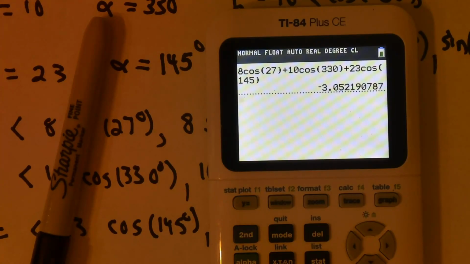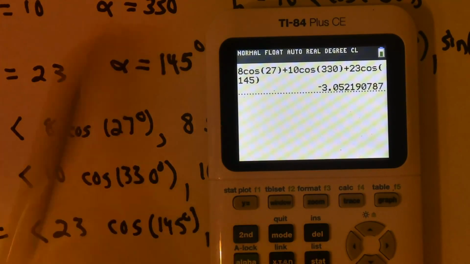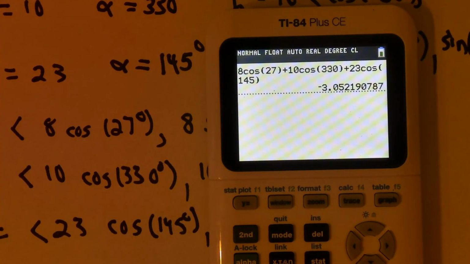So 8 cosine 27 degrees, 10 cosine 330, 23 cosine 145 works out to be negative 3.052. I'll keep that many digits.